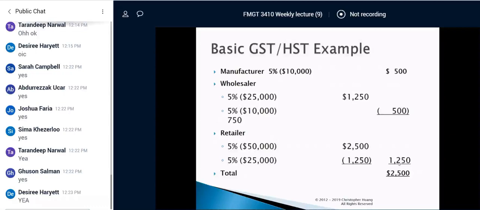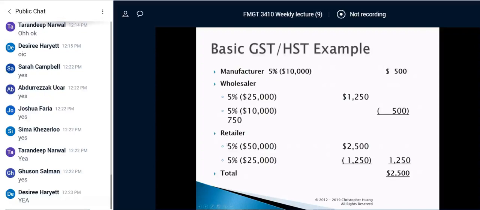The wholesaler, for their purposes, cost is only $10,000, because even though they paid $500 GST, they're going to get the $500 of GST back. And then they charge retailer $1,250 of GST. So the net amount the wholesaler is going to remit to the government is $750. So they've recovered the $500 that they originally paid.